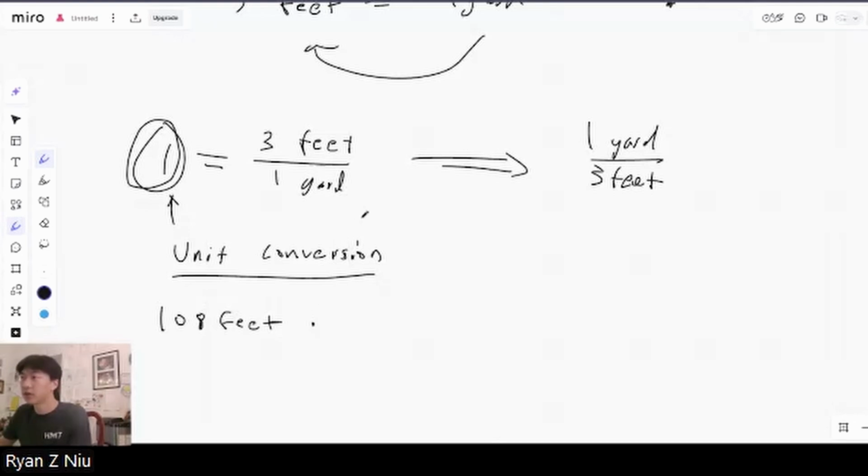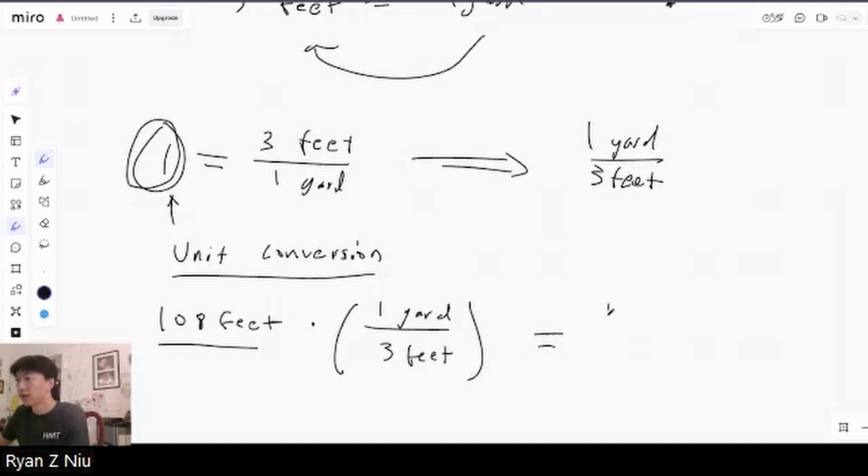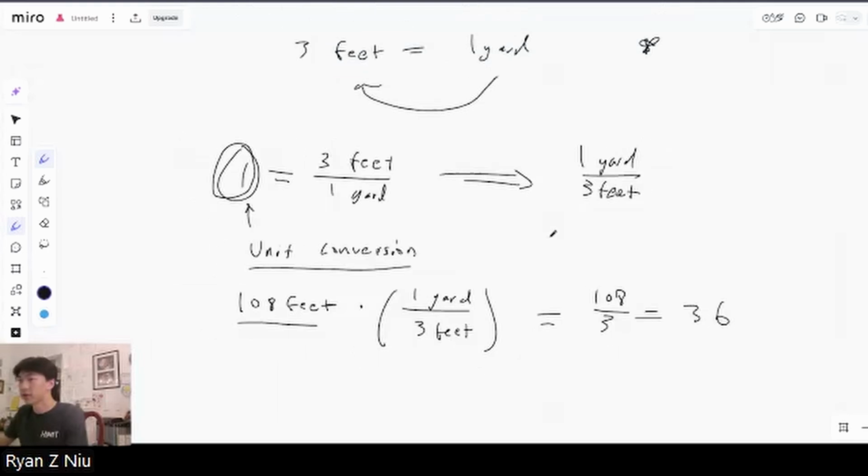So that means no matter which one we use, our output is going to be the same as our input, right? So if we multiply this by 1 yard, and you can also think of this as 1 yard per 3 feet as well, then this is where we get the 108 divided by 3 equals 36.